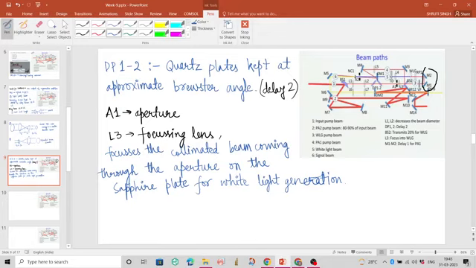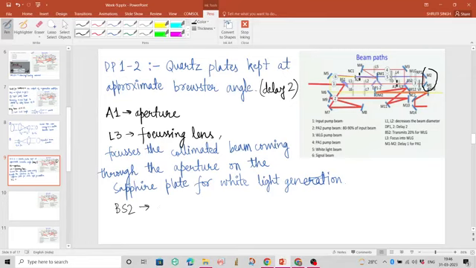Now after L3 we have this beam splitter BS2. BS2's job is again, it is a beam splitter, it will reflect some part and it will transmit some part.